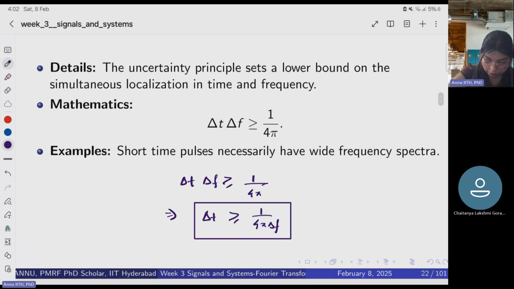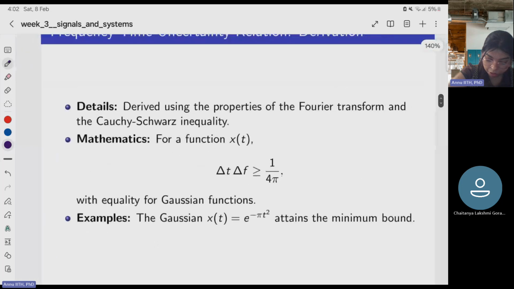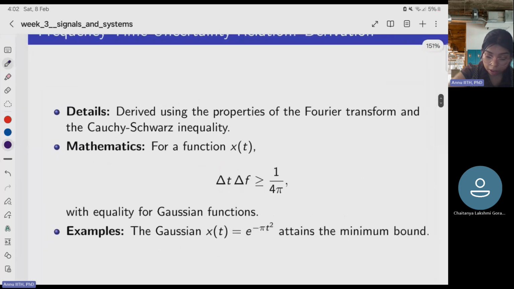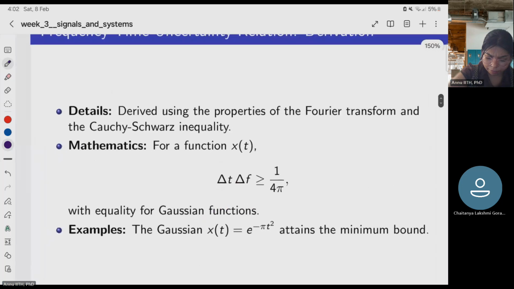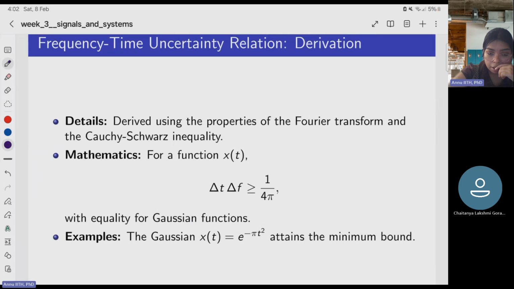So we'll see some of the examples here. It is derived using the properties of the Fourier transform and the Cauchy-Schwarz inequality. So what does the Cauchy-Schwarz inequality state? You can ignore this Cauchy-Schwarz inequality, but yeah.